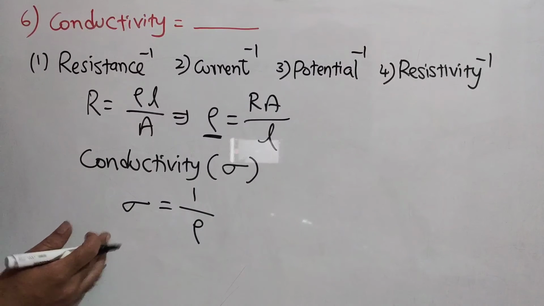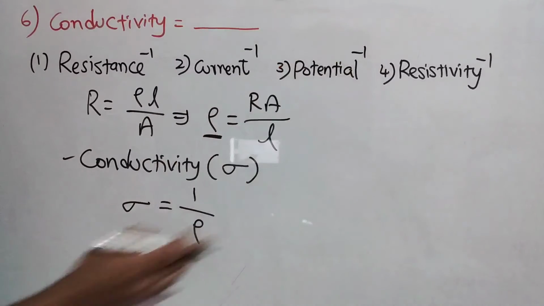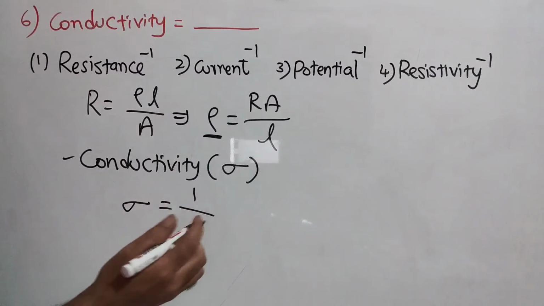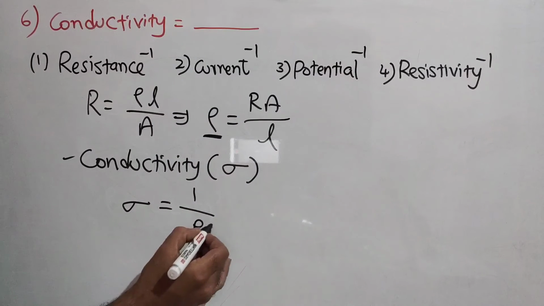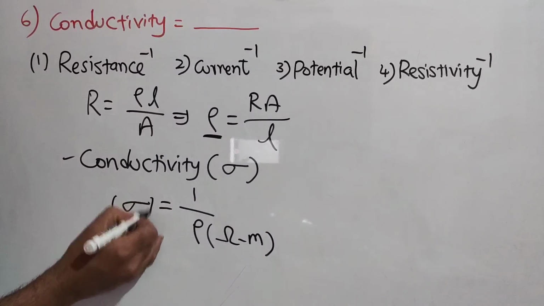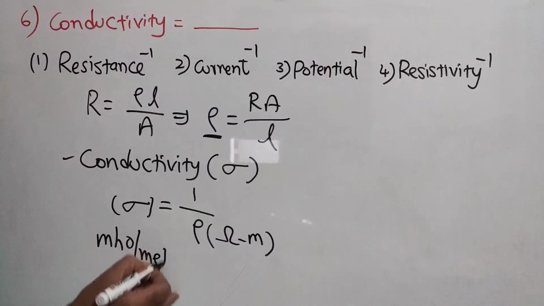And what are the units for conductivity? As this is the reciprocal of resistivity, and the units of resistivity are ohm meters, the units of conductivity are mho per meter.